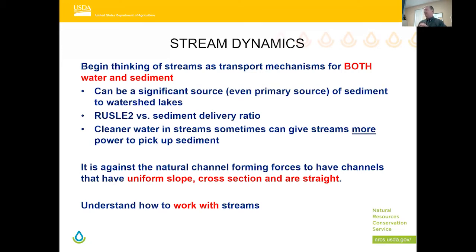Because in general, we'll show you on the next slide how streams form, but trying to keep a stream at a uniform slope, uniform cross section, and straight is always going to be working against the stream. What we're trying to do with our stream restoration practices is understand how to work with streams and know what they're doing.